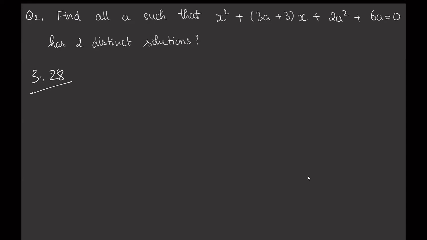It has two distinct solutions for all a greater than 3. I see. What is your discriminant?